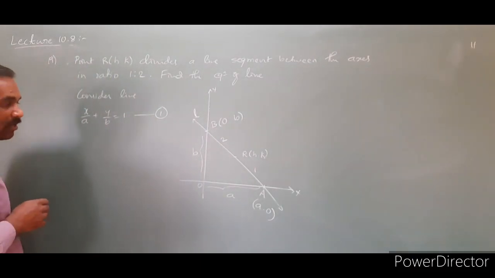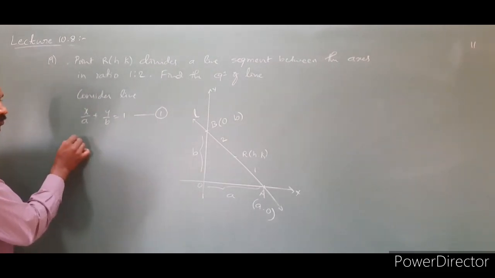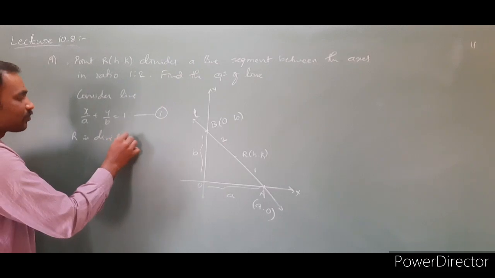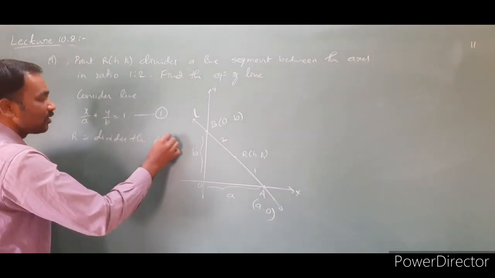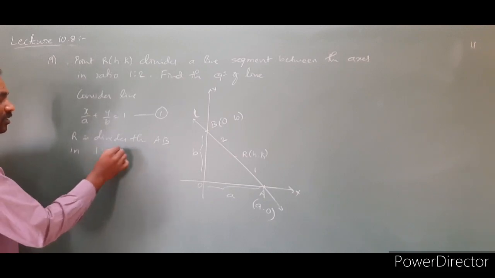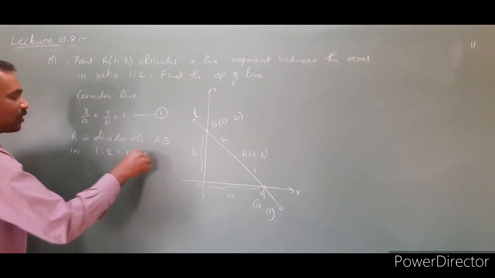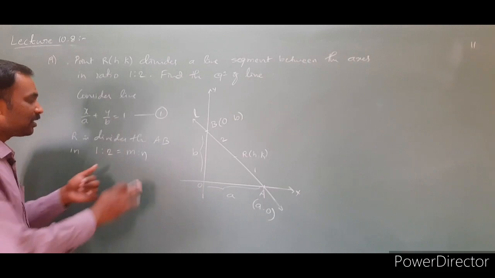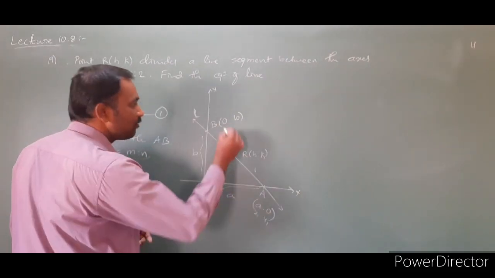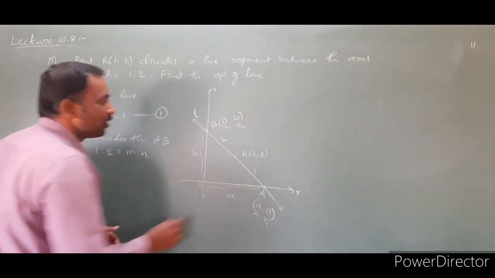Okay, replace it. So here R divides AB in the ratio 1:2. That means this is nothing but m:n. The m value is 1, the n value is 2. So I just consider this is (x1, y1), this is (x2, y2).